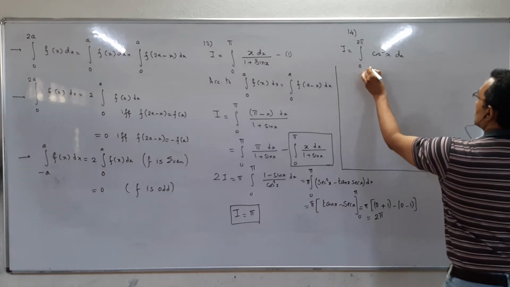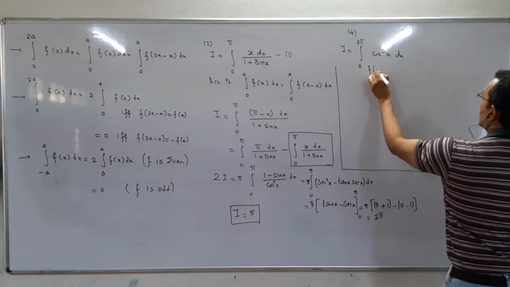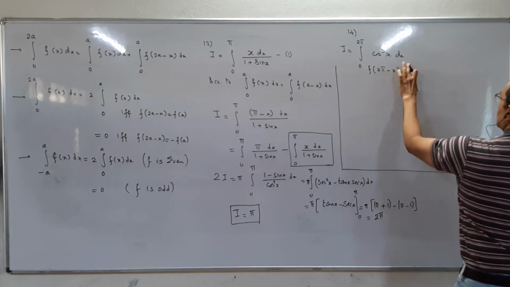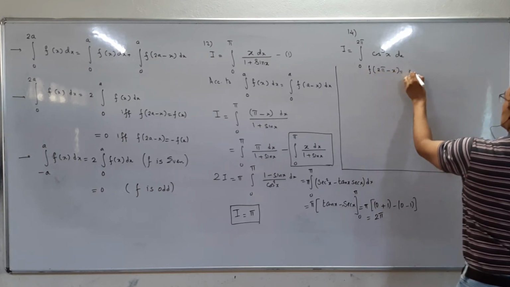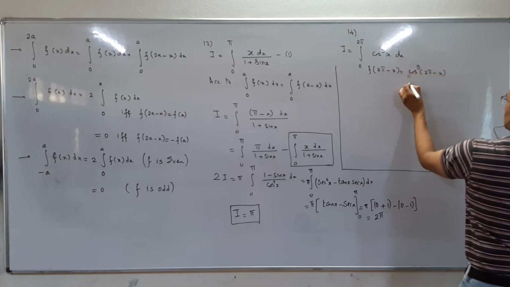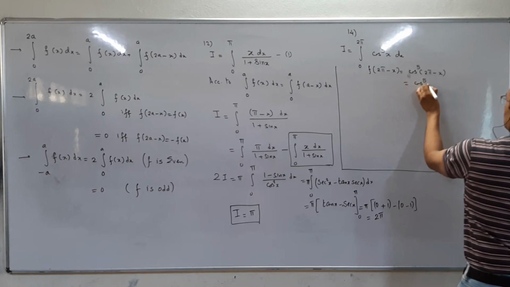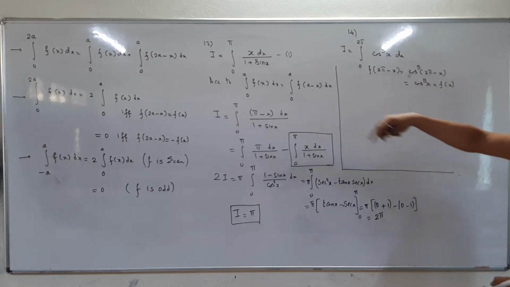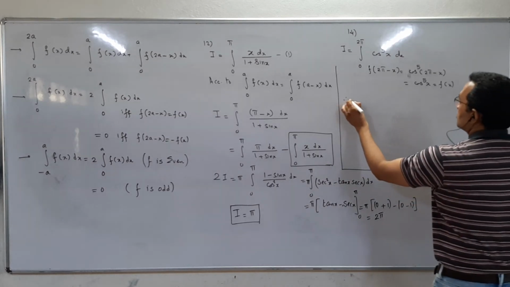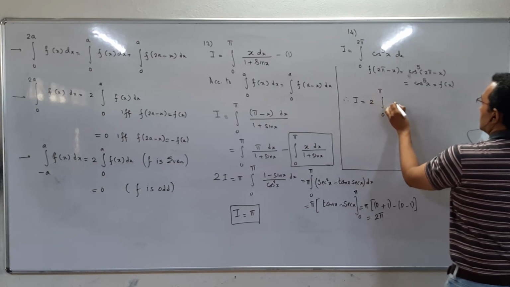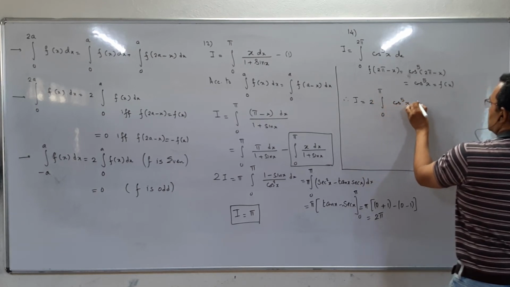So f of 2 pi minus x will be equal to cos of 2 pi minus x, and that is equal to cos x, and that is f of x. So according to that property, this will change to twice integration 0 to pi cos x raised to 5.